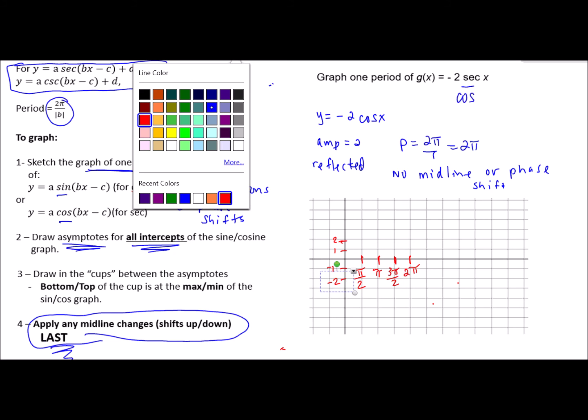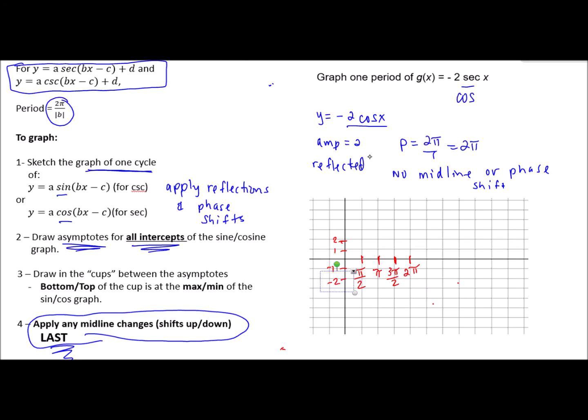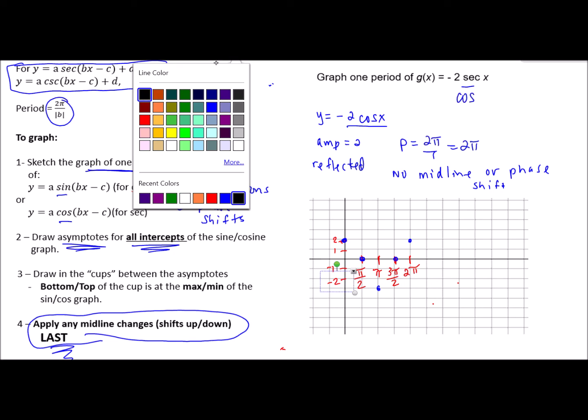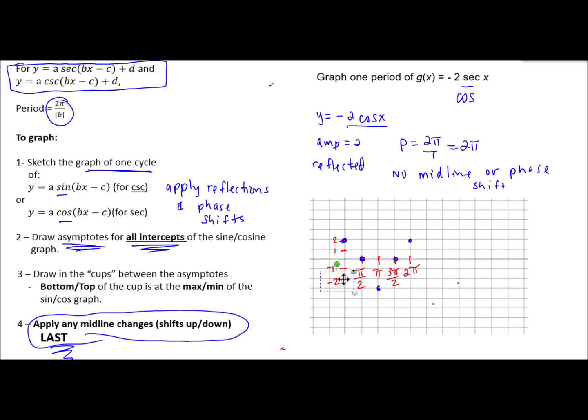Now remember, with these guys, I graph it one piece at a time. I'll do the 2 cosine of x. And then I'm going to go in there and apply that reflection, right? So I'm going to now take those pieces. Any maximums will become minimums. Intercepts stay the same.